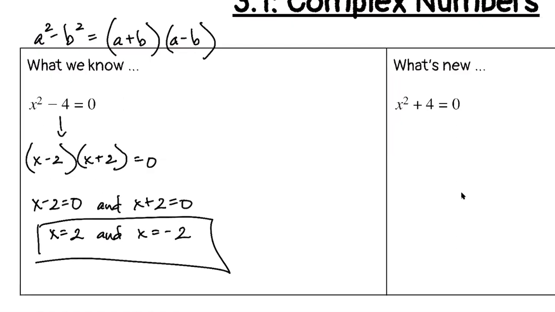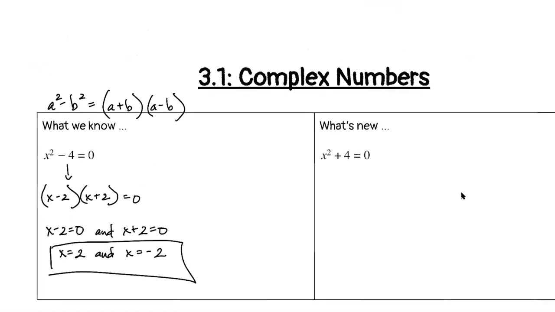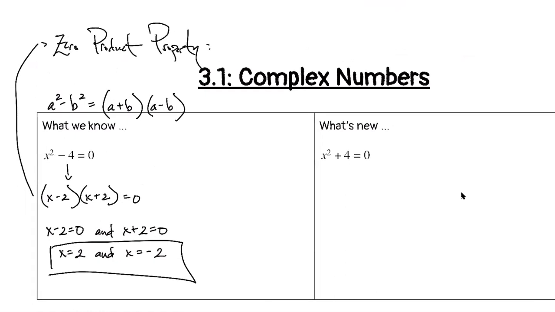I forget why that works. Okay, so Eric, that's a really good question. This works, and this actually has a name. It's called the zero product property. And what that means is that if I take one number and I multiply it by another number, and at the end of the day, if I get 0, this means that A equals 0 and/or B equals 0.